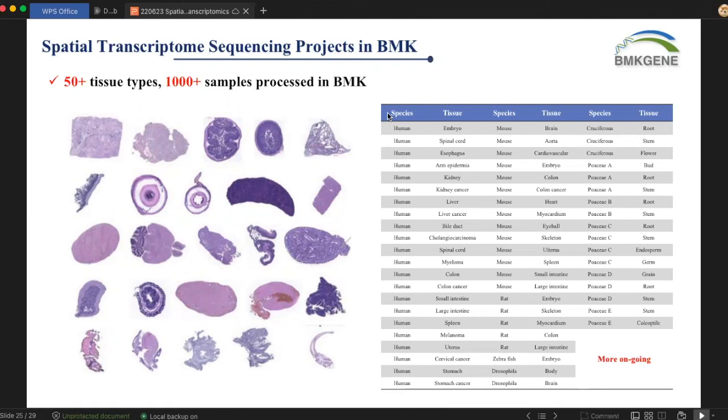For example, if your tissue is active and has more RNA expressed, rich in gene expression, we will probably get more genes identified per spot, like 6,000, 8,000, or sometimes even 10,000. But for some tissues that are not very active, we have like 2,000 or 3,000 per spot.